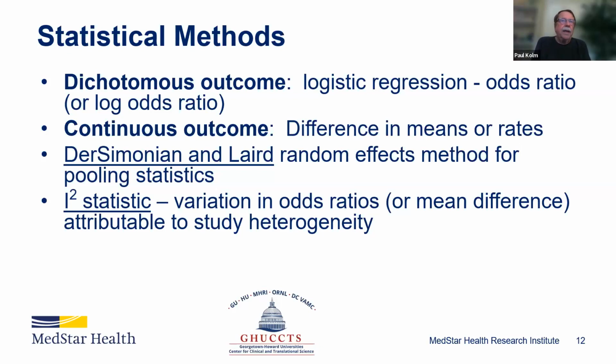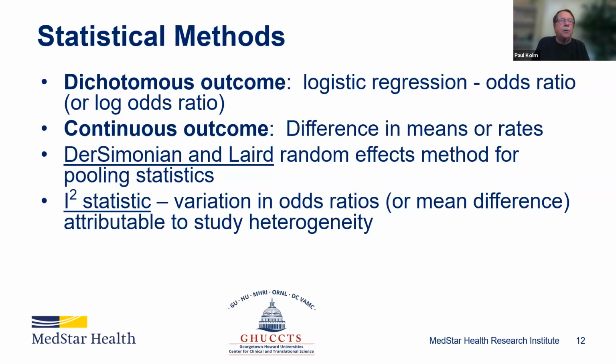And then a statistic that is calculated, the I-squared statistic, is an assessment of the variation in the odds ratios or the mean difference that's attributable to study heterogeneity. And so the I-squared statistic becomes an important statistic to not only present, but to look at in evaluating the meta-analysis itself.